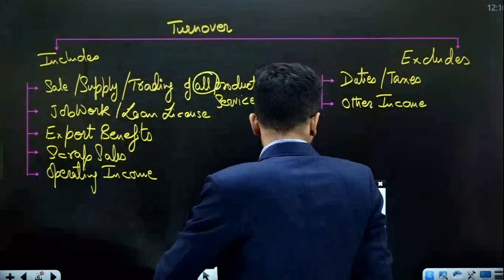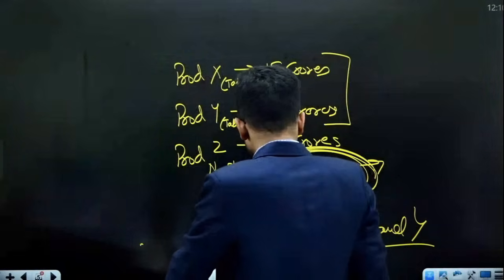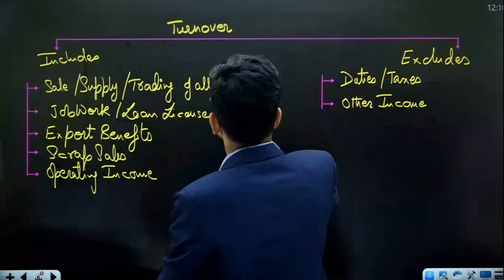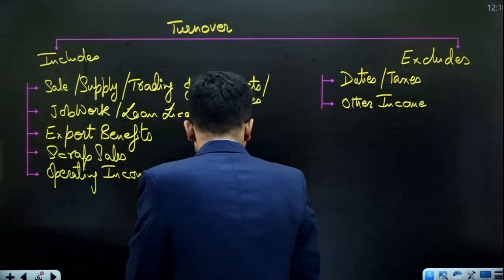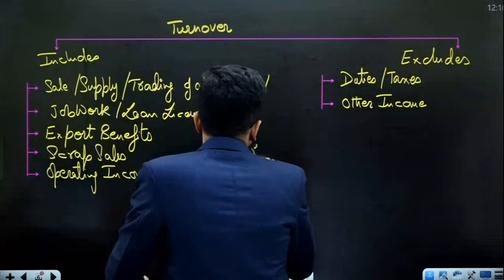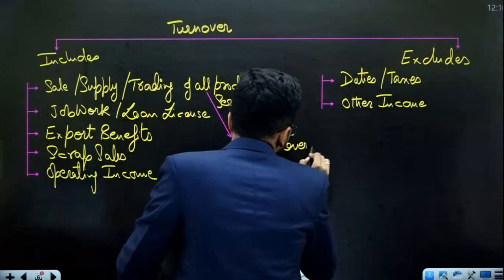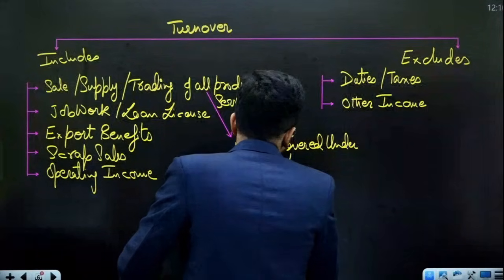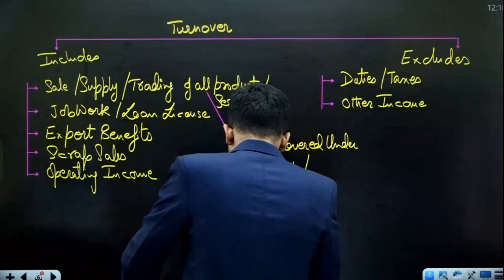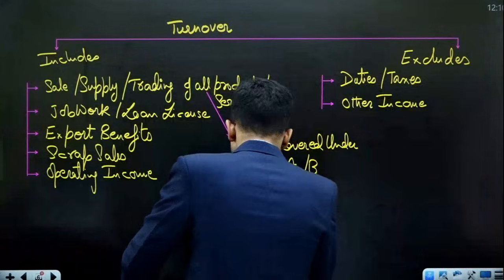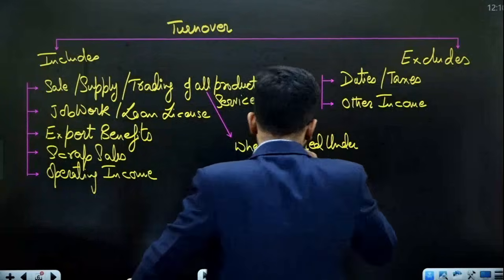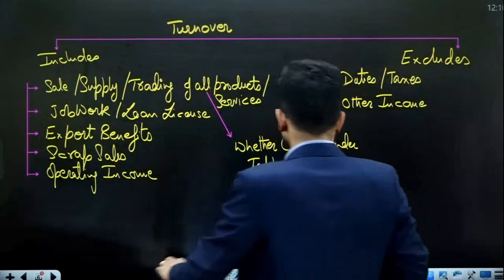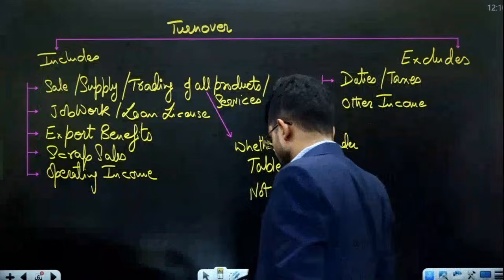All means whether covered under the cost records or not, whether covered under table A or B or not covered. So all products and services are to be included in the turnover definition.